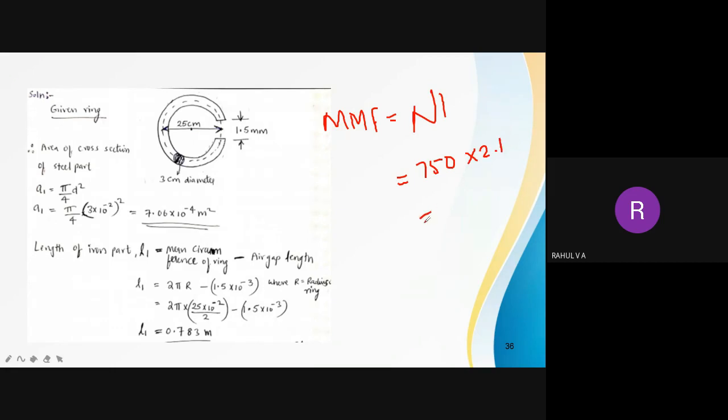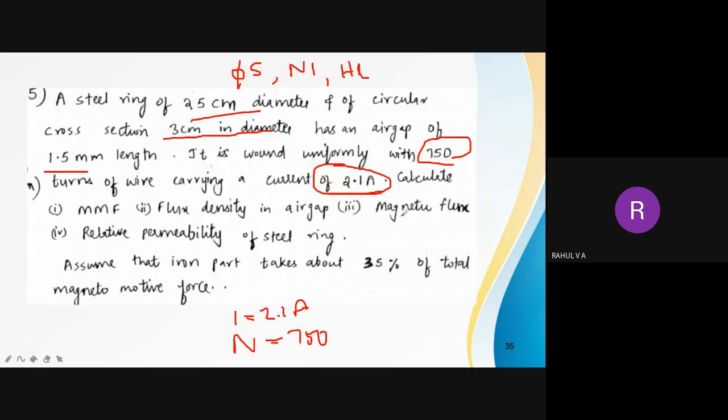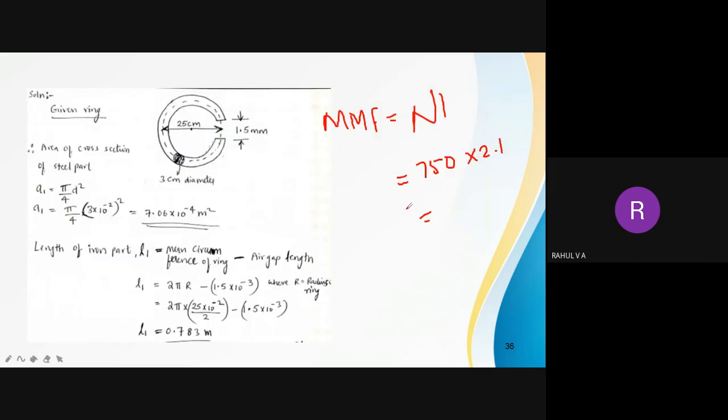What is the value of total MMF? What is 750 into 2.1?